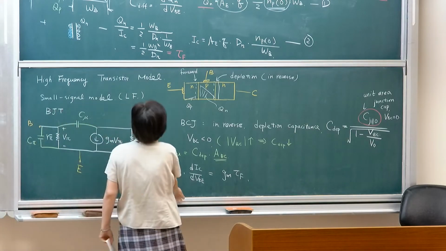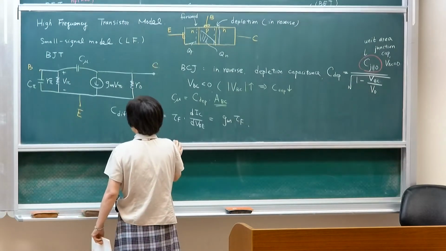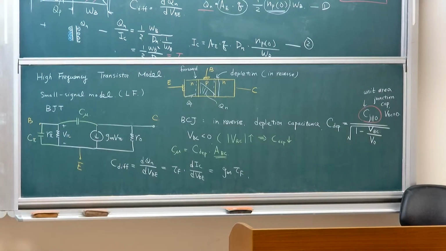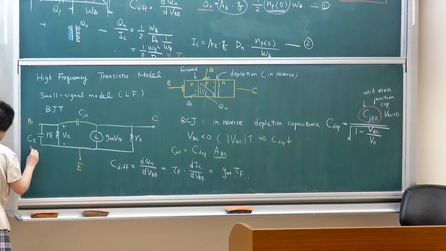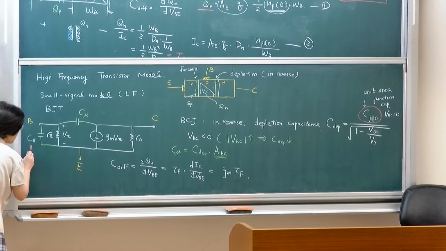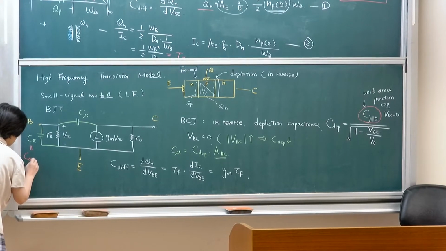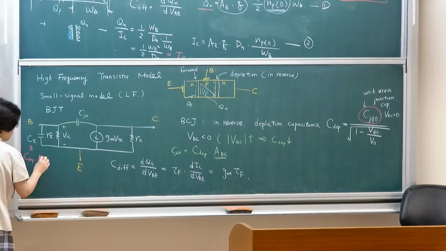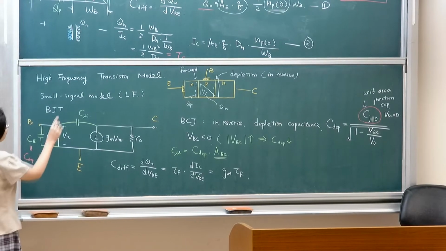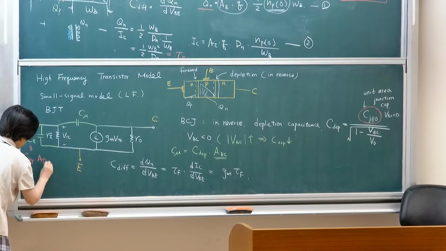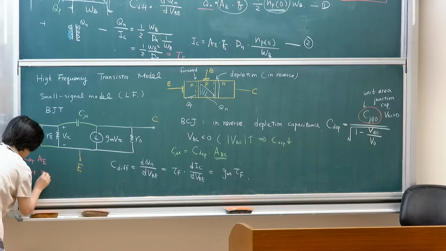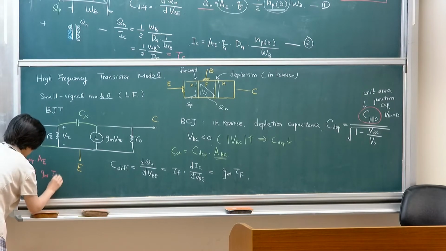So let me just try to make some conclusions. For bipolar junction transistors, there are two parasitic capacitances based on these junctions. For a forward bias PN junction, you would then have C pi, which is the depletion capacitance times its BE emitter area, plus a diffusion capacitance, which is gm tau f.